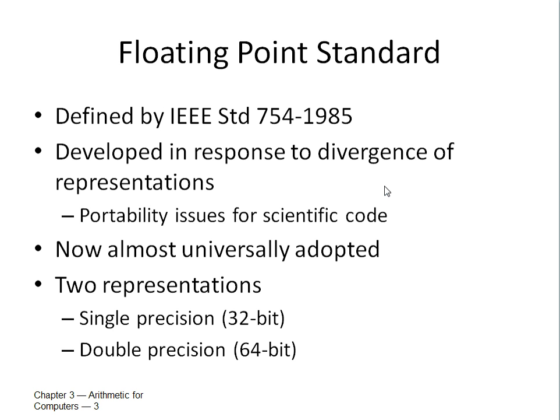And the underlying libraries, you couldn't transfer those. It was just a nightmare. So they got the best mathematicians, computer scientists, and numerics people together from all different venues in industry and academia and got this standard written. And pretty much everybody uses it now. Anybody who doesn't use it, I'd be very skeptical of as it goes on.